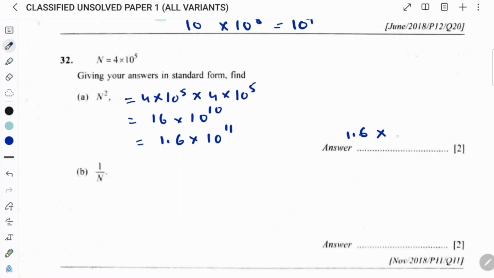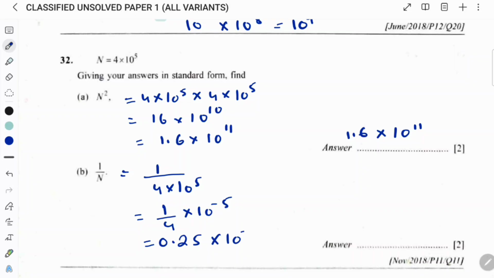I hope if I'm skipping some steps, you can understand it now because you have done lots of questions like this. 1 upon 4 into 10 to the power of 5. 1 upon n. 1 upon 4 into 10 to the power minus 5. 0.25 is quarter. Okay, 2.5 into 10 minus 1 and 10 minus 5. That will become 2.5 into 10 to the power of minus 6.